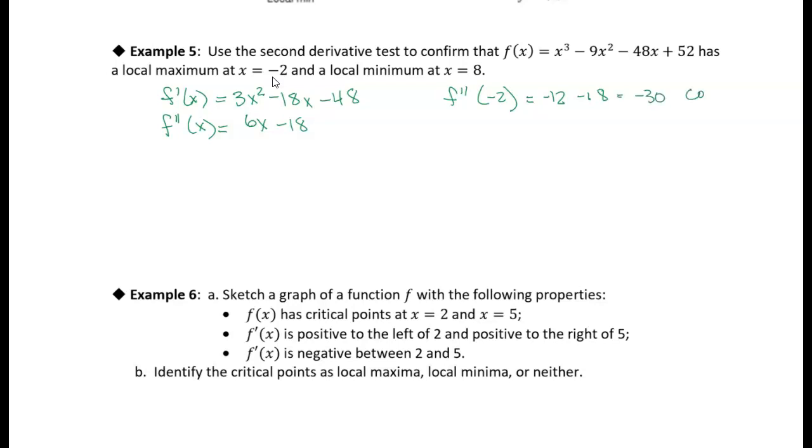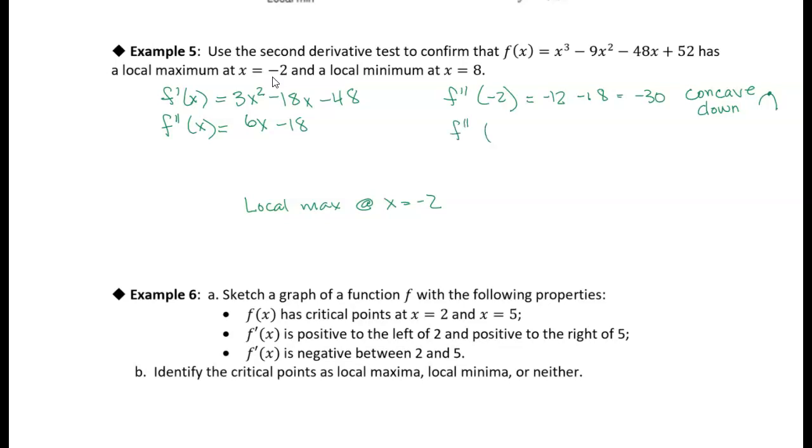So that's telling us that it's concave down. Concave down looks like that. So what that's telling us is that there's a local maximum at x equals -2, by the second derivative test.